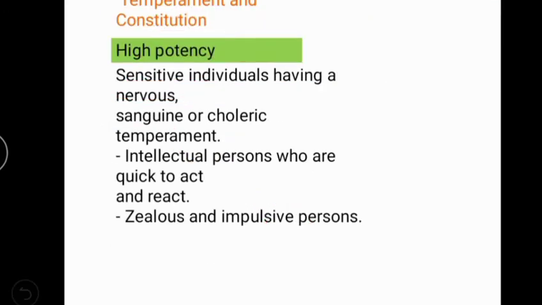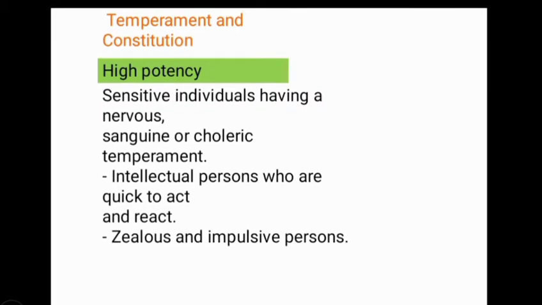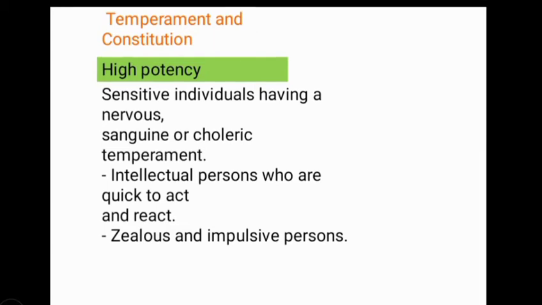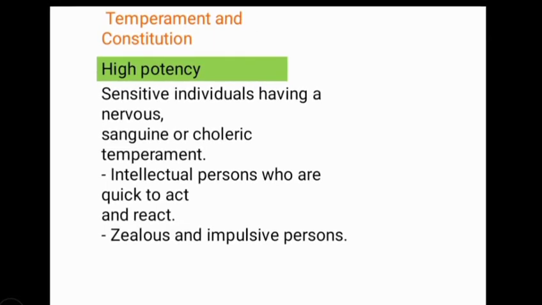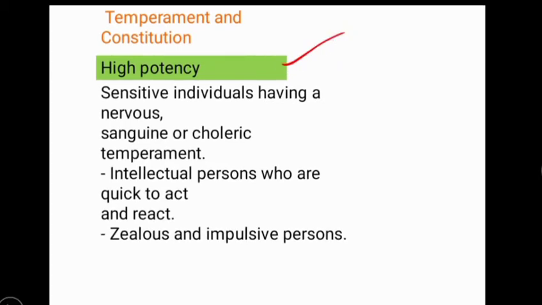Another thing is temperament and constitution. What do temperament and constitution mean? Temperament means the nature of the person, whereas constitution means the nature which, changed by environment, is not its original nature. This comes under materia medica, but here we only discuss which potency we select for the temperament.